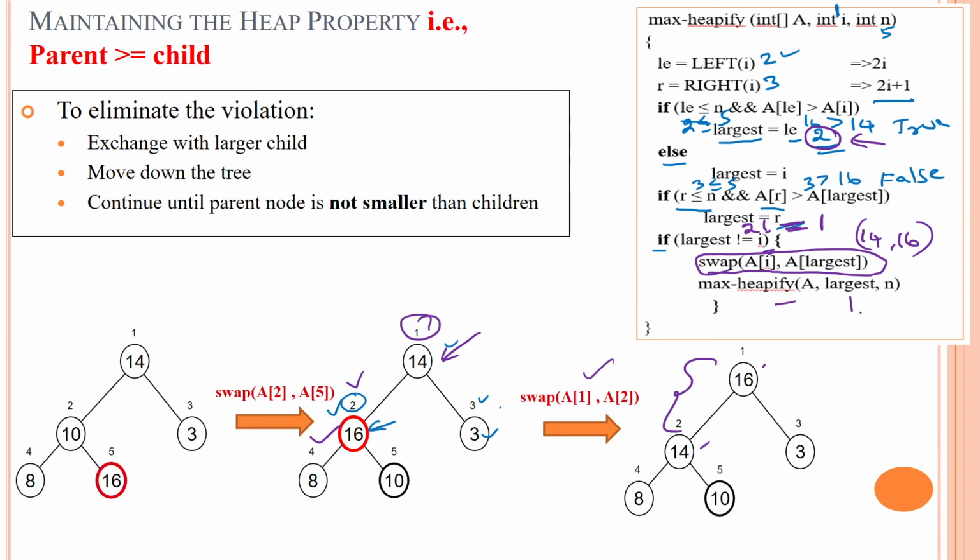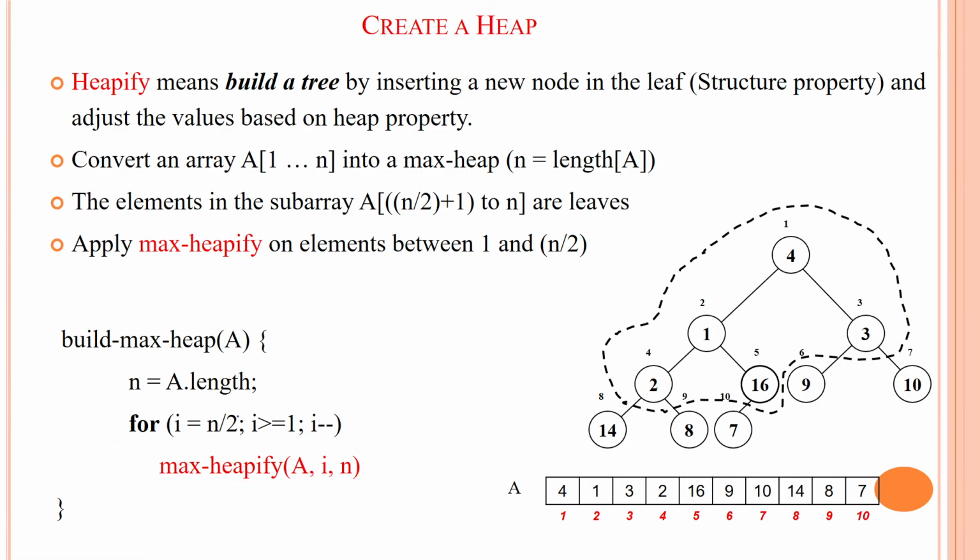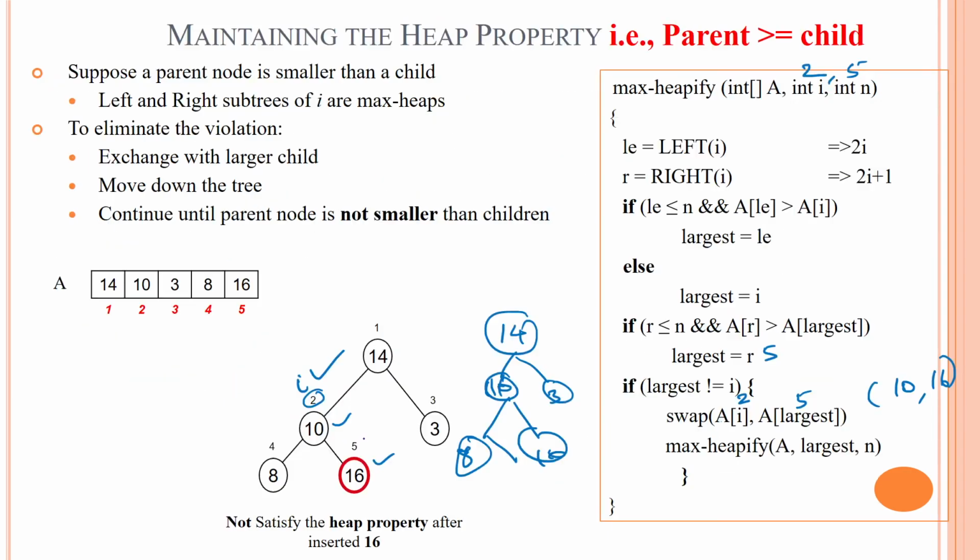When you are calling max heapify again, the for loop will be decremented by 1. So here the I value is 1. When you decrement the I value from 1, it will become 0. So 0 greater than or equal to 1, the condition is false. Once the condition is false, it comes out of the loop.